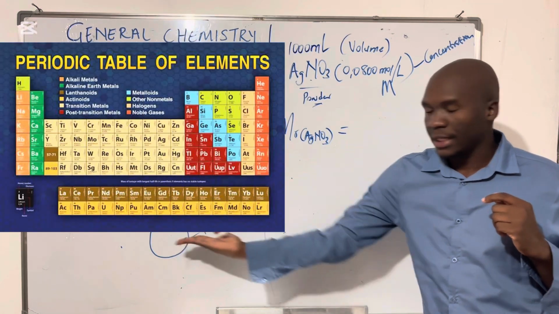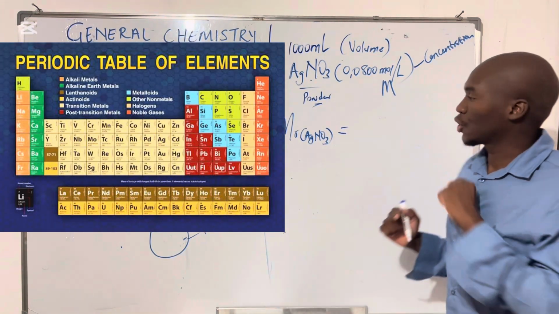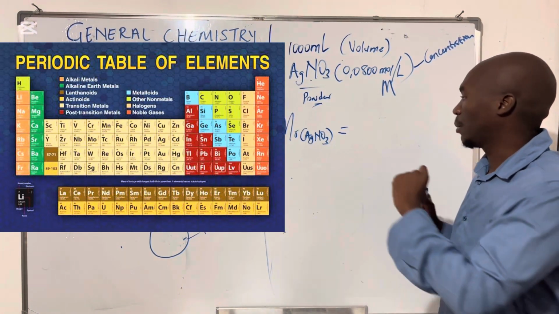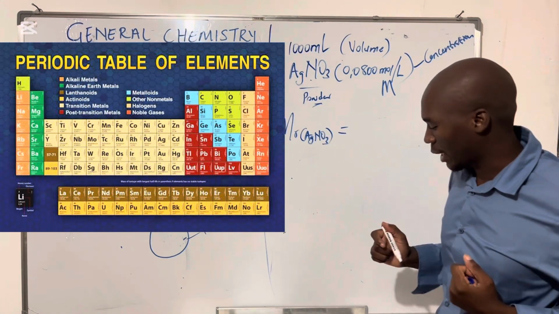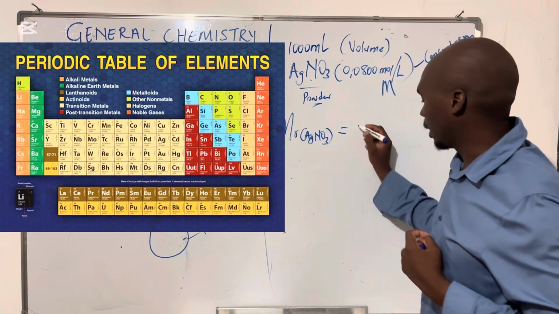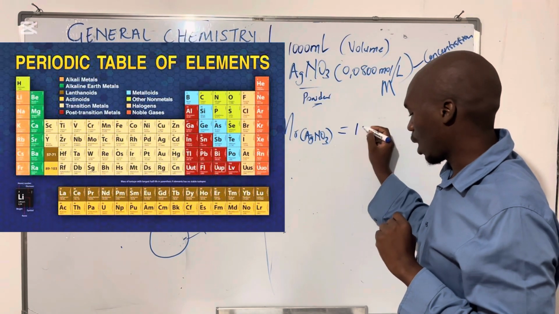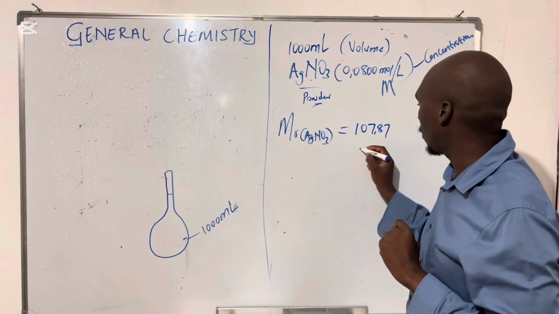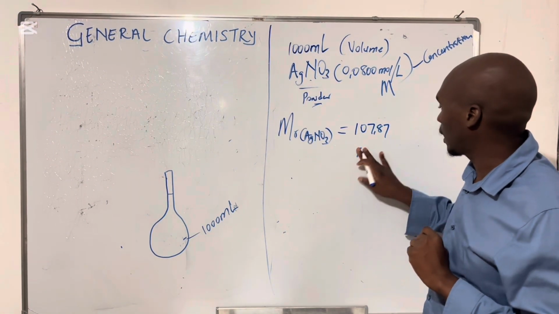Check for Ag and check its molar mass on the periodic table. Check the nitrogen one and also check the oxygen one. So you will realize that the masses are going to be 107.874 for Ag. This is the mass, right?